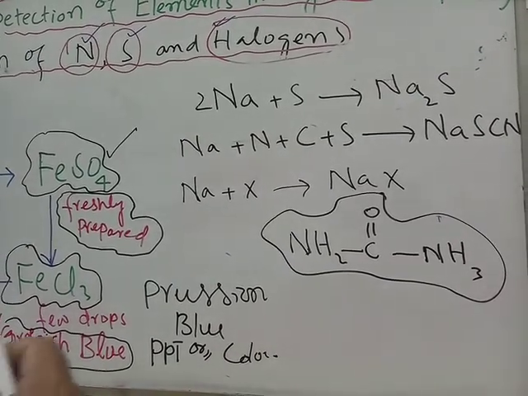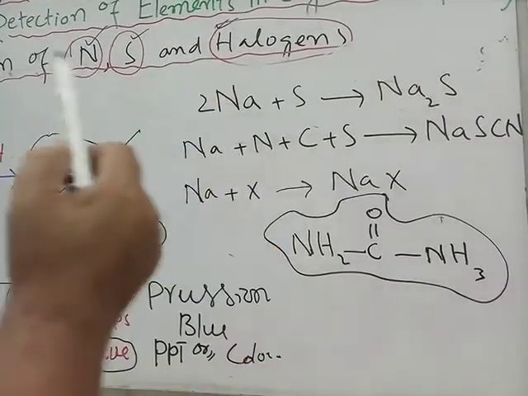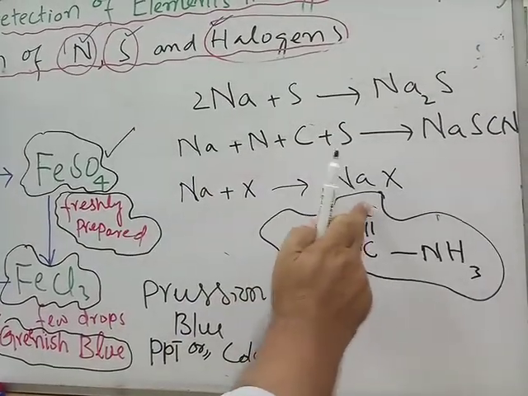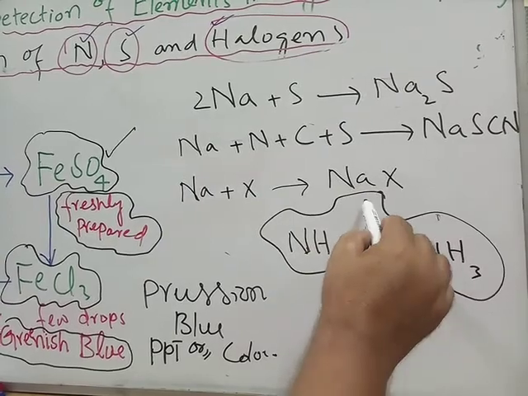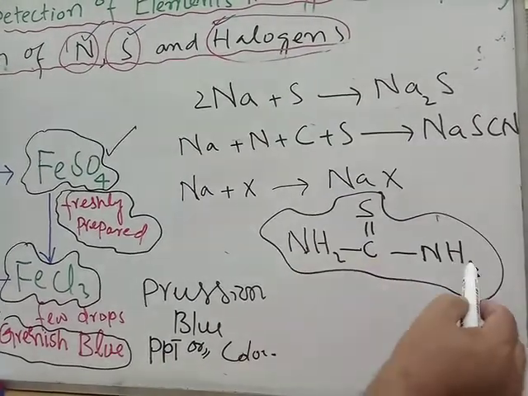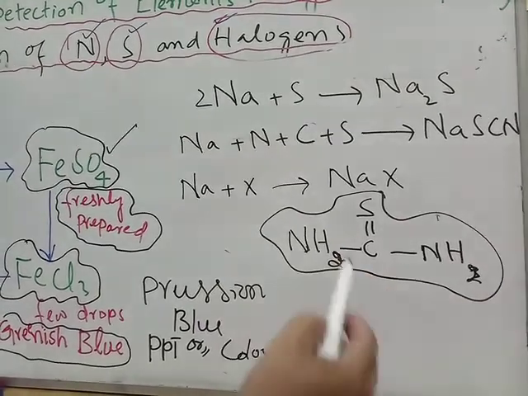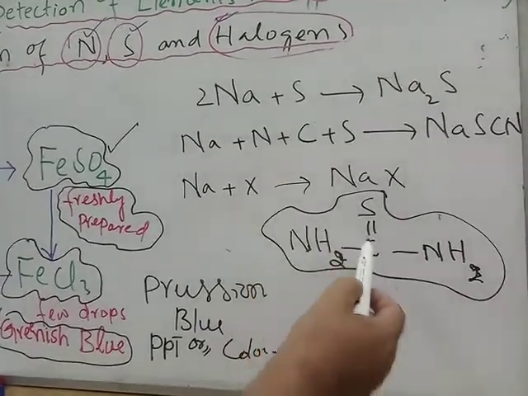But if you take a compound which contains both nitrogen and sulfur, for example, if I use sulfur here, this is called thiourea. Sorry, this is NH2, NH2. Such a compound is called thiourea.